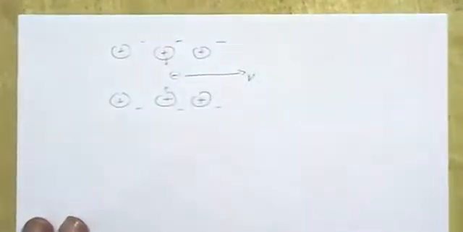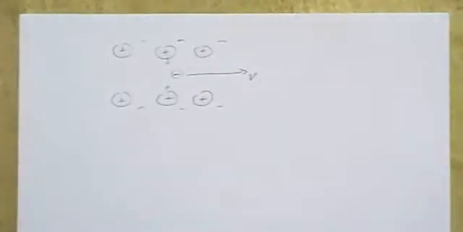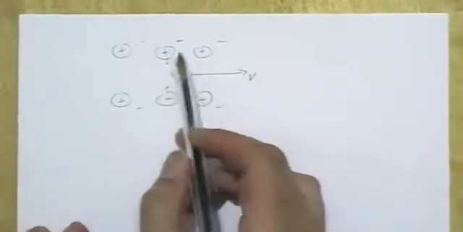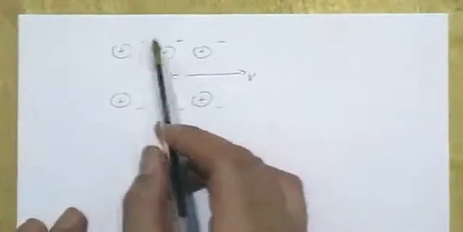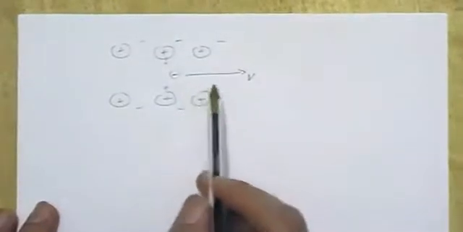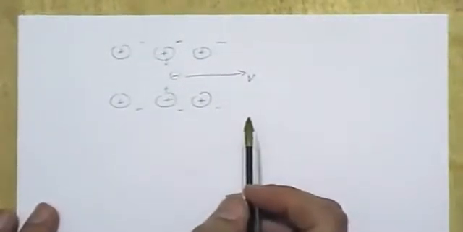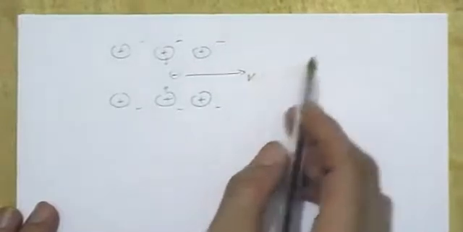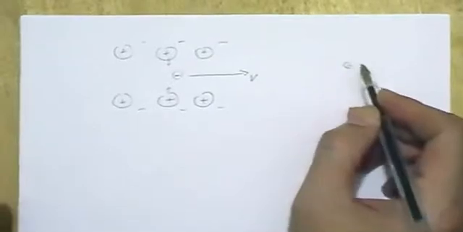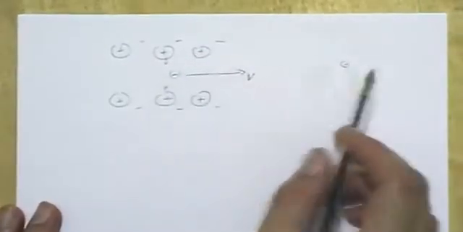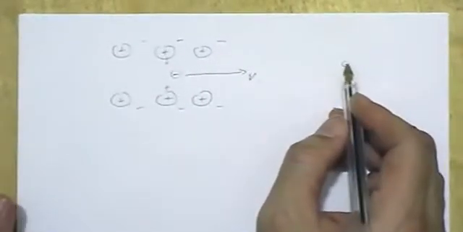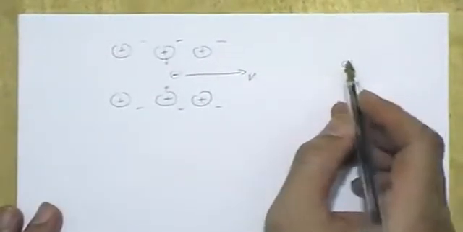would move slightly. Now the effect of these two ions moving slightly, as they come closer together, is to create a region of slightly higher positive charge. And as a result, if there is another electron, of course there are always electrons, it would become attracted to, say, another electron nearby.